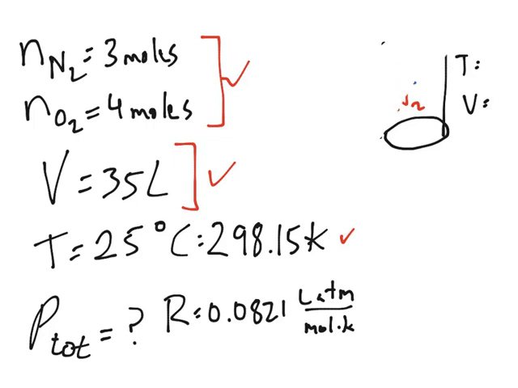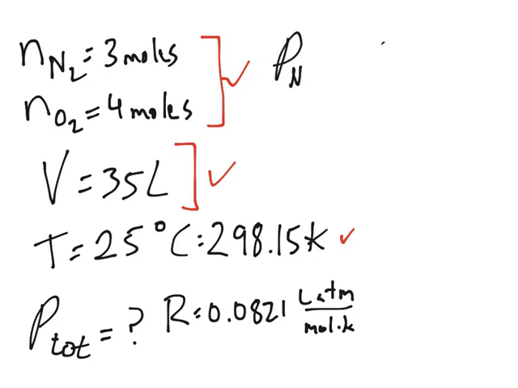Let me erase this. You could solve the partial pressure of each gas separately and then add them up, or just do it in the same formula. I'll do each separately. So the partial pressure of nitrogen would be equal to n of nitrogen times R times T over V. R is constant, and the volume is constant too.